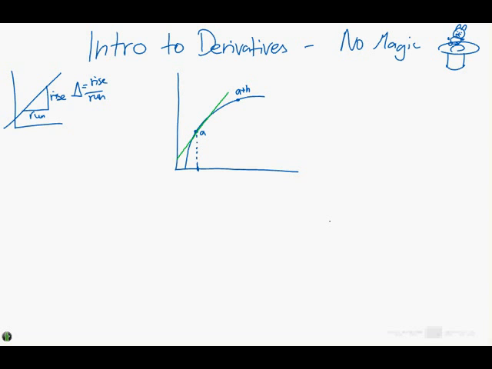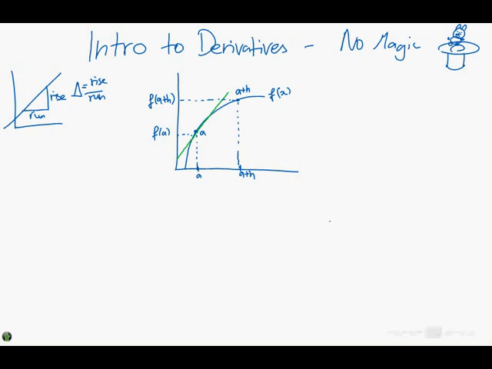So the x-coordinate of this point is A. The x-coordinate of this point is A plus H. Now our line is called f of x. And so the y-coordinate of point A is f of A. And the y-coordinate of this second point, A plus H, is f of A plus H. Simple, right? Very simple.